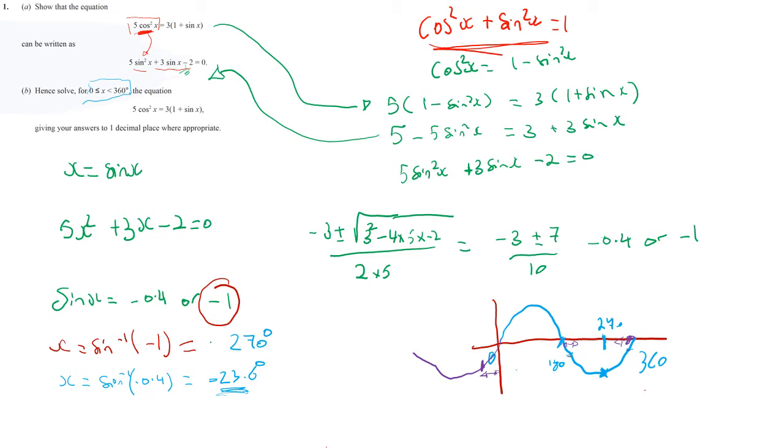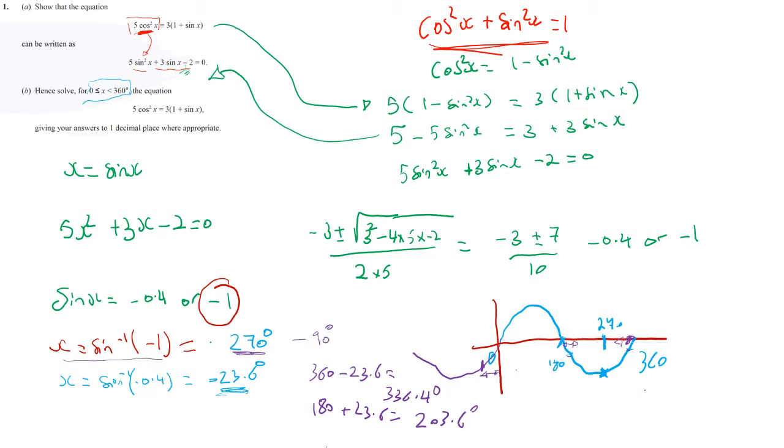So I will get 360 minus 23.6, which should give me 336.4. And if I do 180 plus 23.6, that should give me 203.6 degrees.